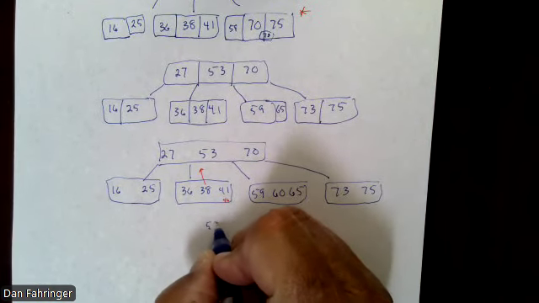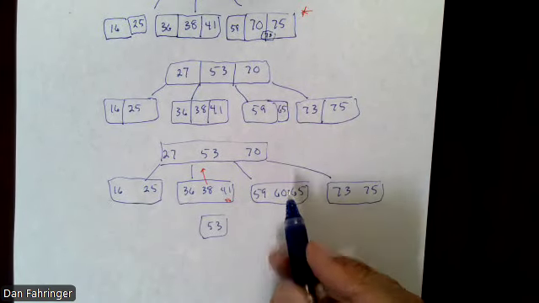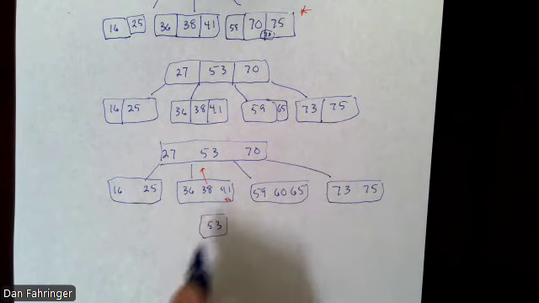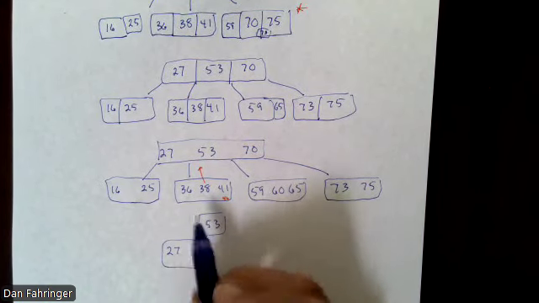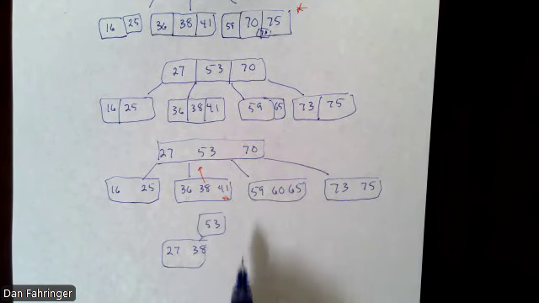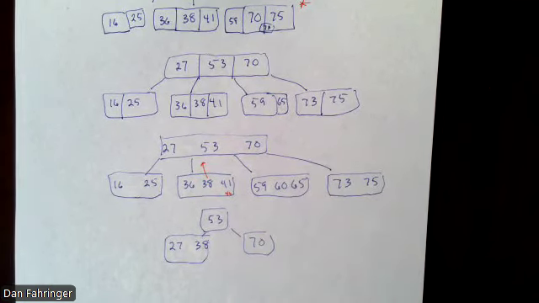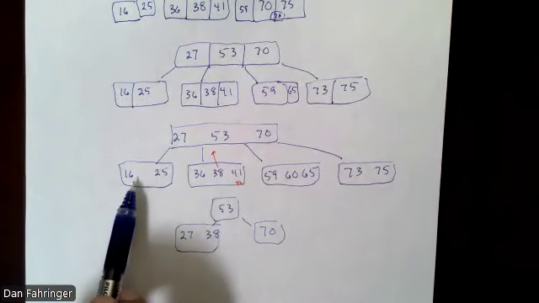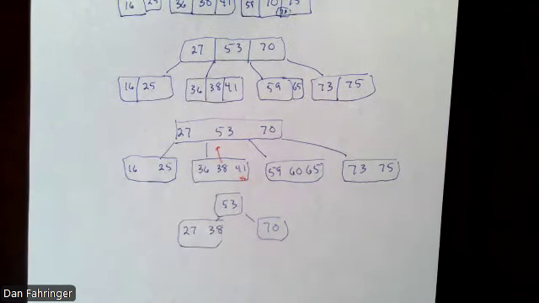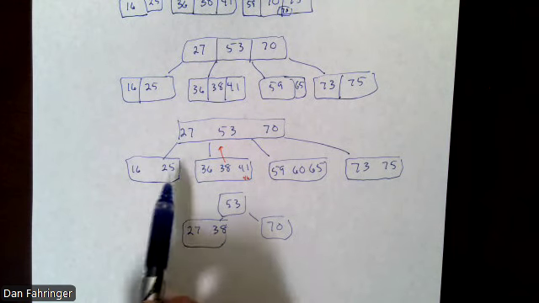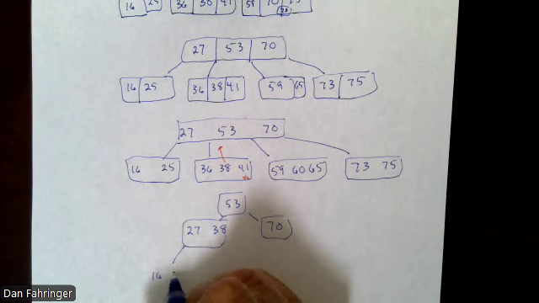53 is now by itself again. 27 and 38, which just got sent up, goes to the right. 70 goes to the left. Still left at 27. Oh man, I'm getting pointer here and pointer there and how all these pointers connect. But this is to the left of 27: 16 and 25.